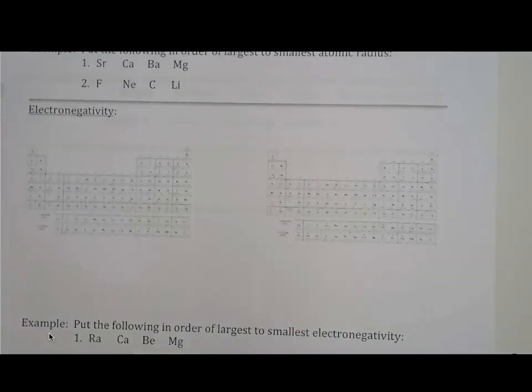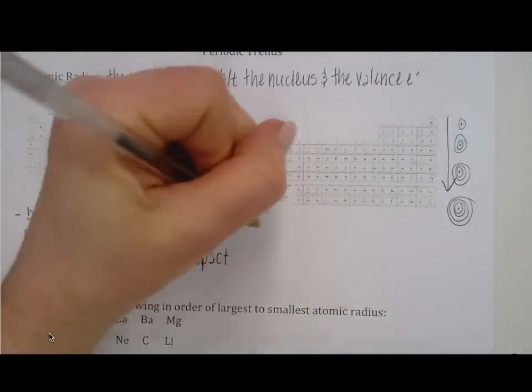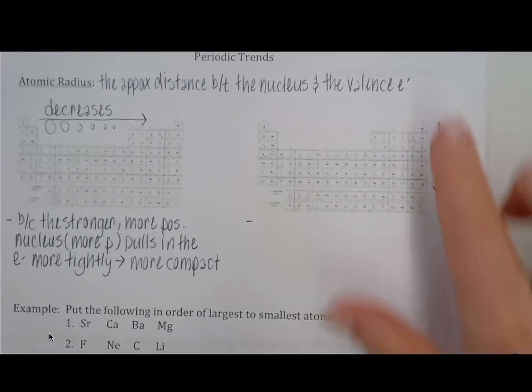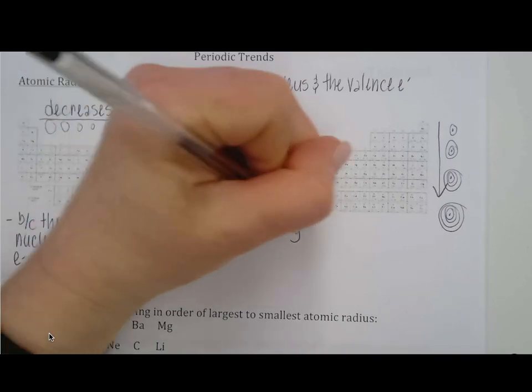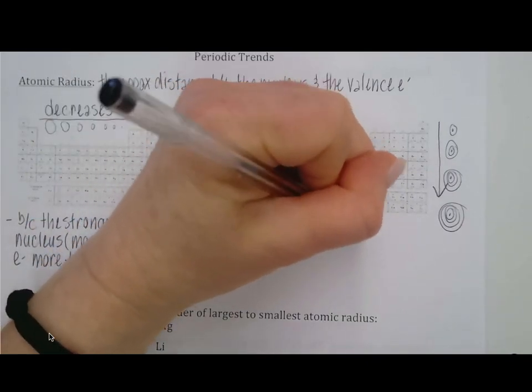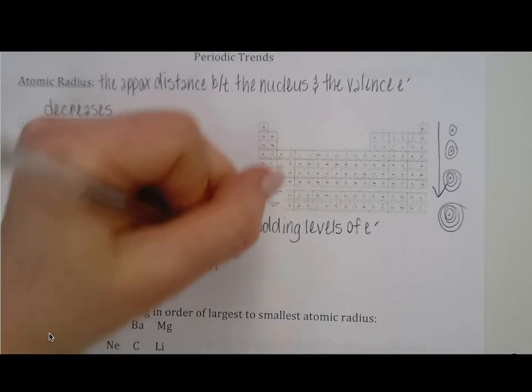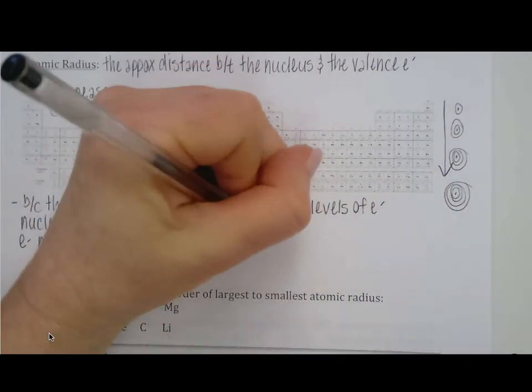So we're going to write an explanation here. We're going to have 2 reasons. The first reason that the radius increases going down a column is we are simply adding levels of electrons. That just makes sense. The second reason is called electron shielding.